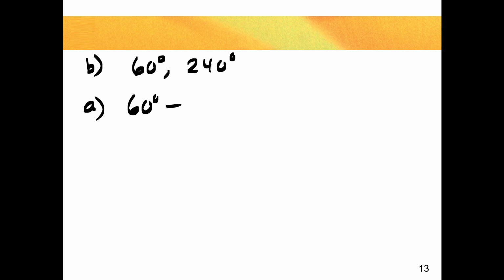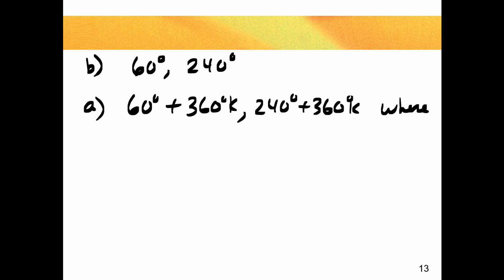Okay, and so for B, which we did first, my answers are theta is equal to 60 and 240. What is my A answer? Perfect. And you can write it like this as well: 60 degrees plus 360k, comma, 240 degrees plus 360k, where k is an integer.